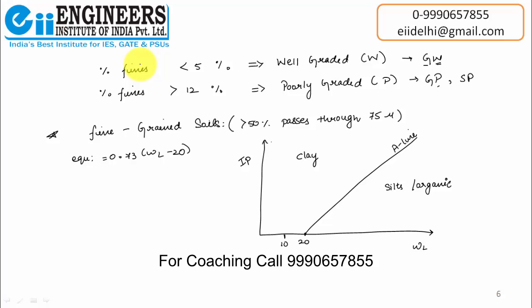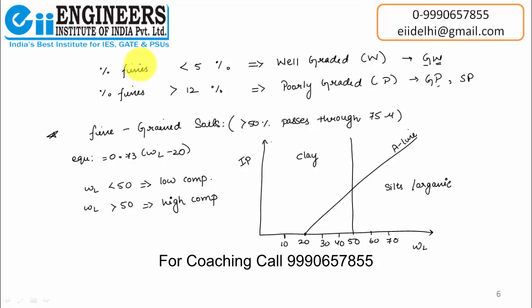There is one more classification in the fine grained soils, which is based on the compressibility of soil. This is 50. If the liquid limit of a soil is less than 50, then it is a soil of low compressibility, and if the liquid limit is greater than 50, it is a highly compressible soil.